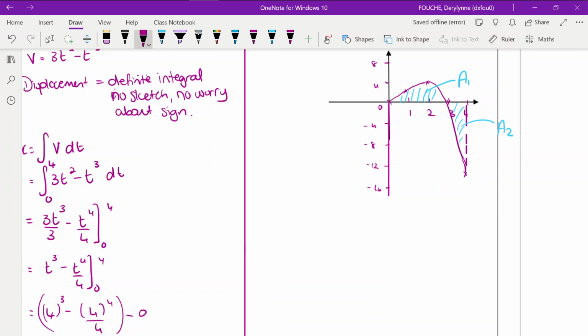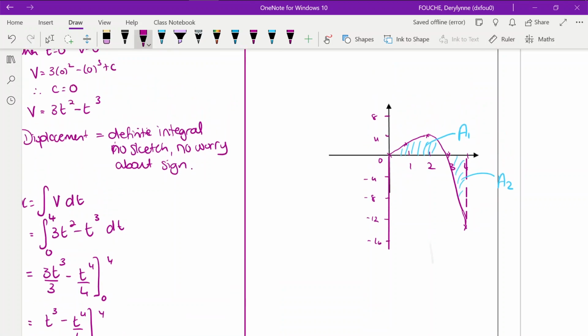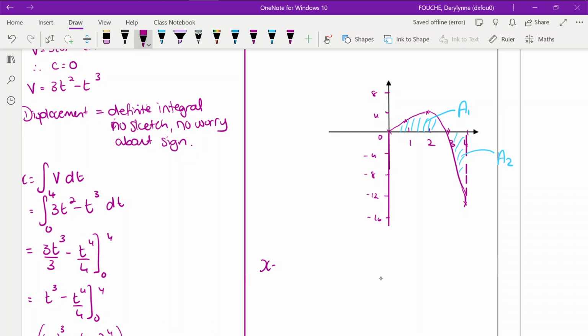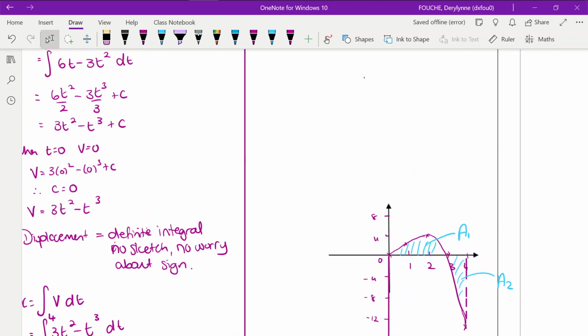So our displacement, x, is the area under the curve, which is equal to area 1 plus negative area 2. You might want to make a little note for yourself: distance is going to be the signed integral, and you need a graph.